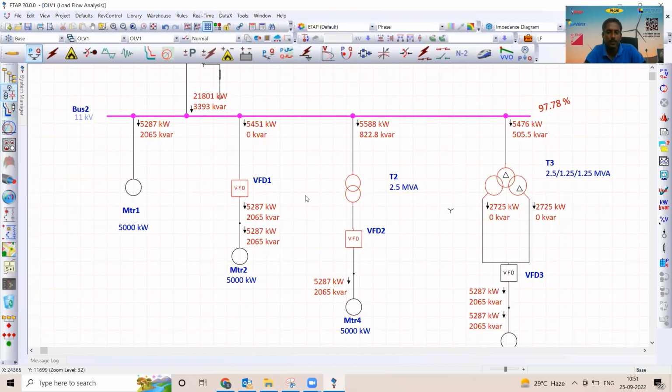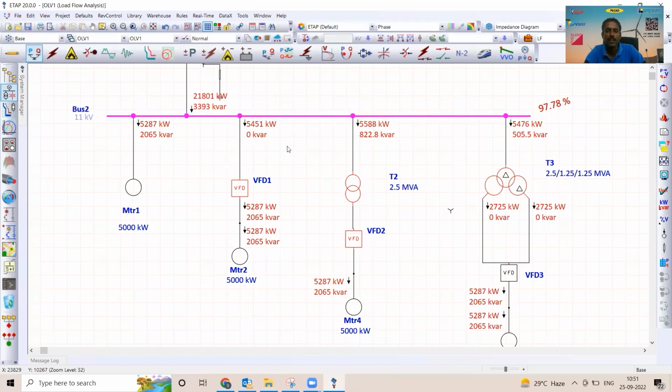Same thing is probably repeated here in this portion, but if you look at the difference, the real power consumed by this variable frequency drive is 5,451 kilowatt. The variable frequency drive which we have installed to minimize the power consumption or to increase the energy efficiency has resulted in higher losses, meaning instead of drawing 5,287 kilowatt, we are drawing 5,451 kilowatt.